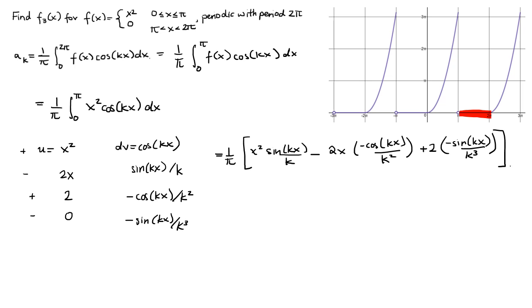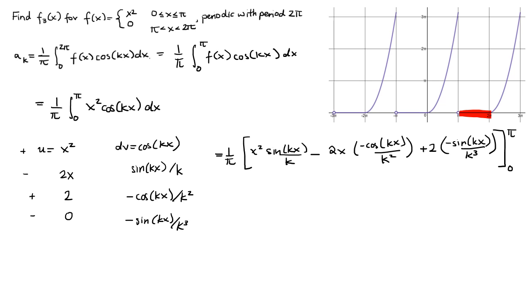And what's left over is an integral where one of the terms that we're multiplying by is 0. So that's it. Okay, so this is our form for our antiderivative.